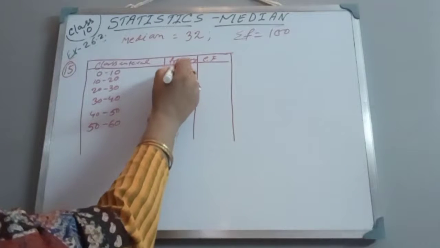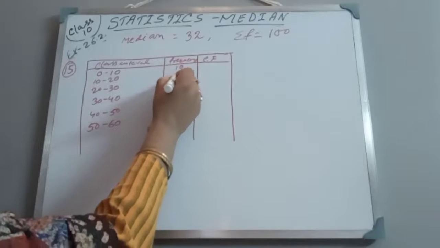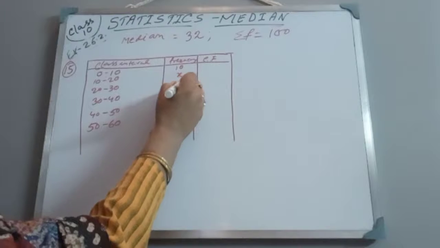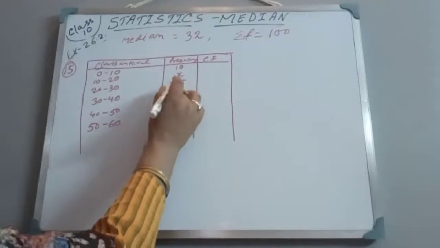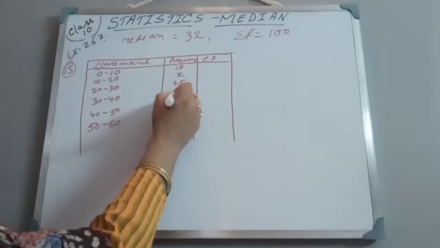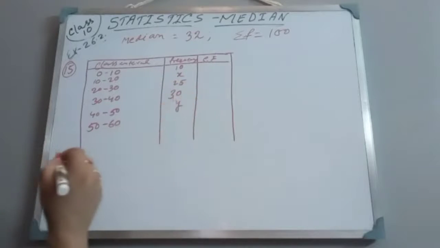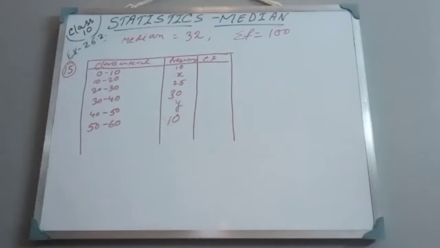Frequency for the first interval is 10, second interval x, third interval 25, fourth interval 30, next interval y, and last interval 50 to 60 it is given as 10.